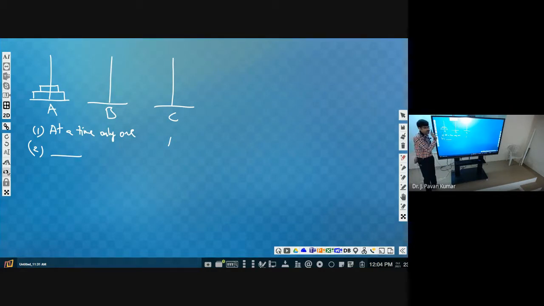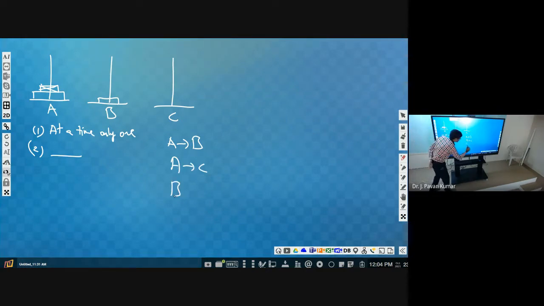So by default, the movement from A to B means the first one will move here. Next, A to C. Next, B to C. So both boxes will be here.